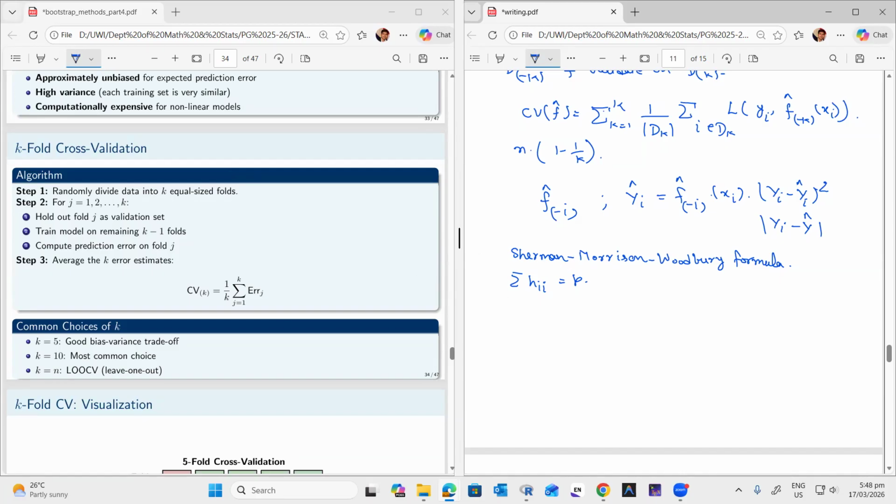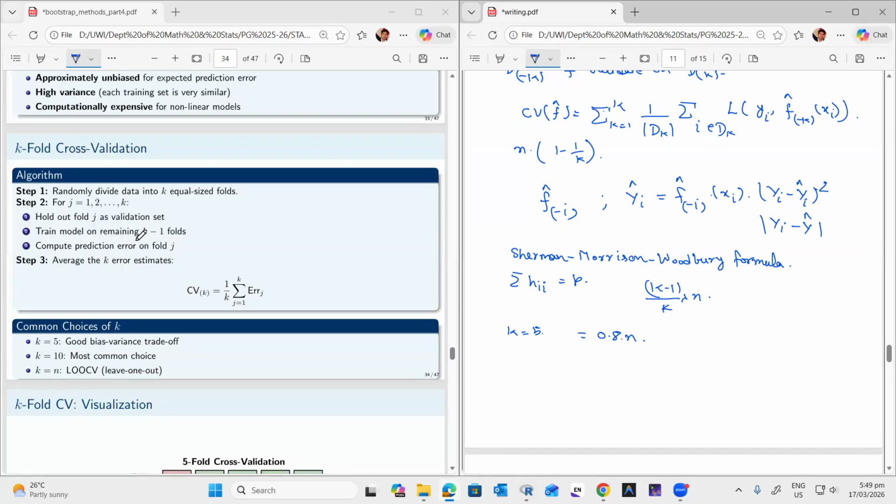A model is fitted on the training set, which contains approximately (k minus 1) divided by k times n observations. For example, with k equals 5, the training set is 0.8 times n. The model is trained exactly as it would be on the full data set, using the same algorithm and hyperparameters.